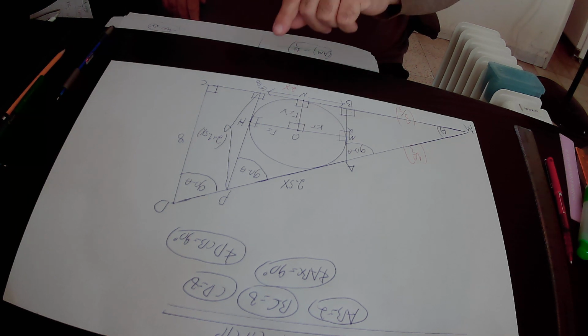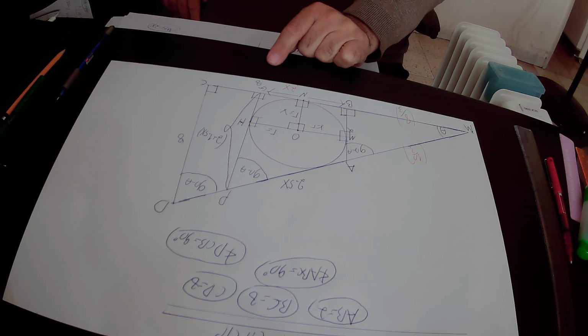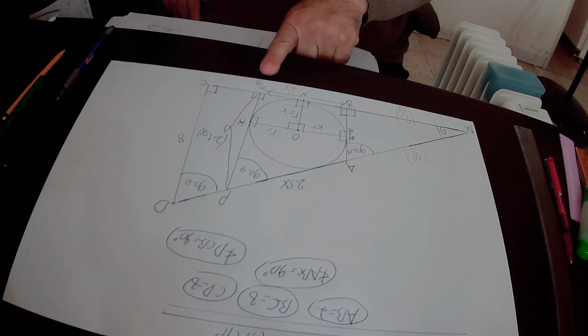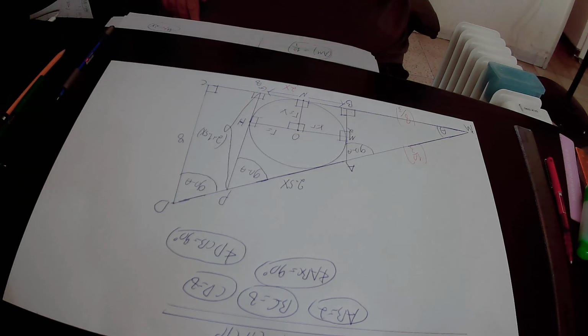In the next step, we draw a perpendicular on BC in such a way that the perpendicular that we constructed here will also be tangent to the circle at point H. It is absolutely possible to do it.